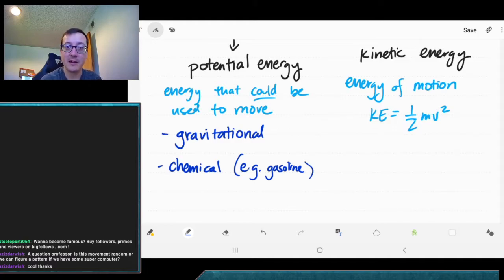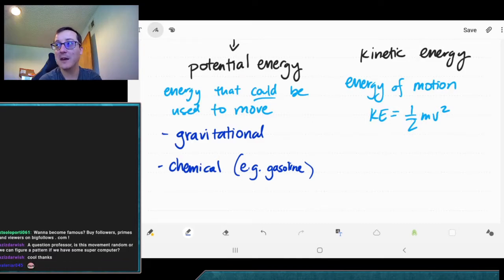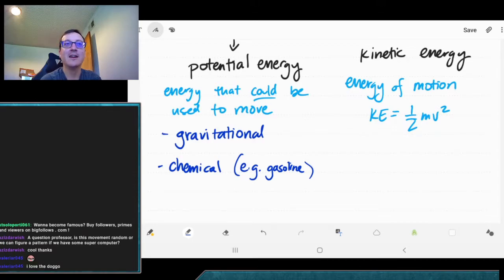If we burn that gasoline, we can use it to make a car move or a plane or whatever. So that's another kind of energy source where we just have energy ready to be used. We can have electrical potential energy as well, like a battery. We can store energy and use it later to make something happen. And these are all potential energy types.